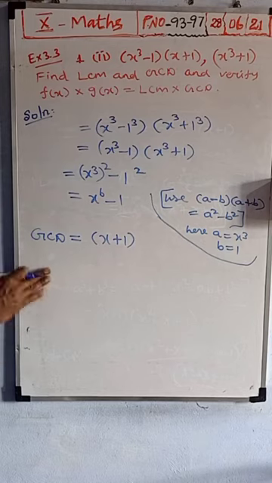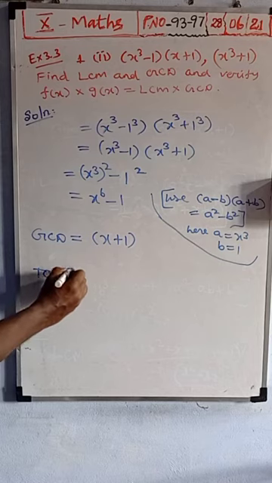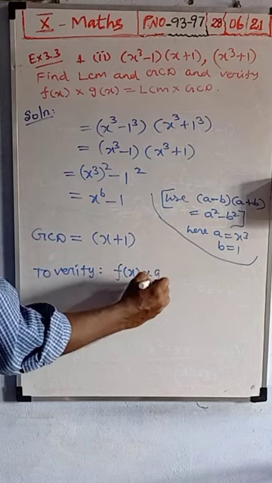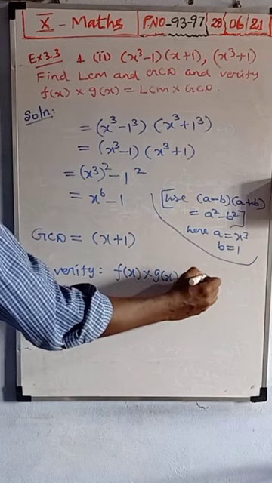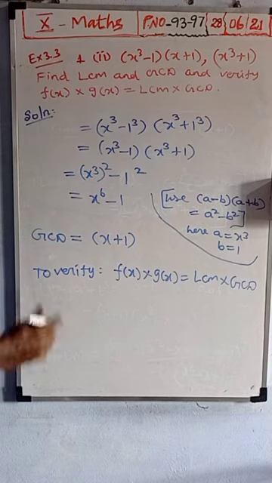Now, the question asked is to verify that f of x into g of x is equal to LCM into GCD. Whether you are getting equal or not, you want to verify.